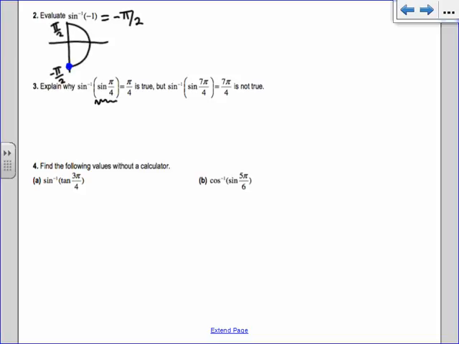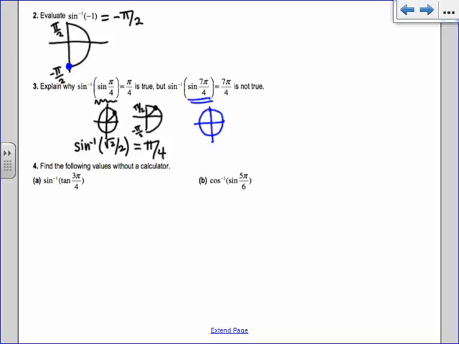So if we have sine of π/4, here's where π/4 is, that's root 2 over 2, right? So we have inverse sine of, working from the inside, root 2 over 2. Inverse sine of root 2 over 2, if I think about the right side of the unit circle, between -π/2 and π/2, it's right there. It's π/4. But if I do the second problem and think about sine of 7π/4, 7π/4 is in the fourth quadrant.